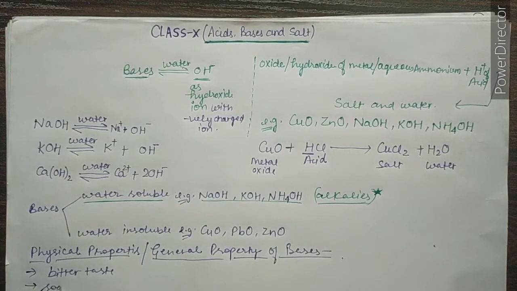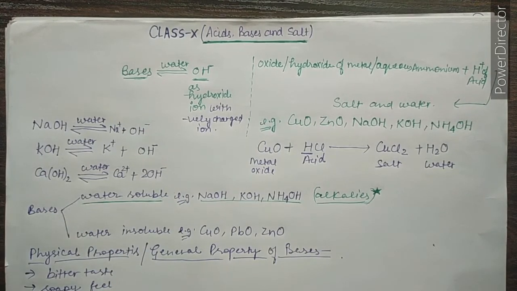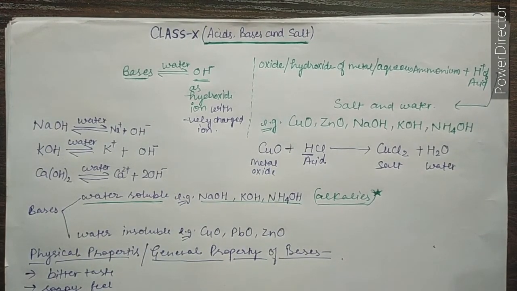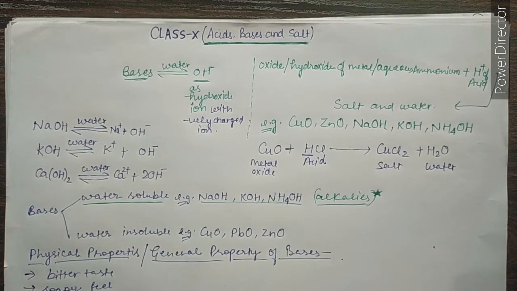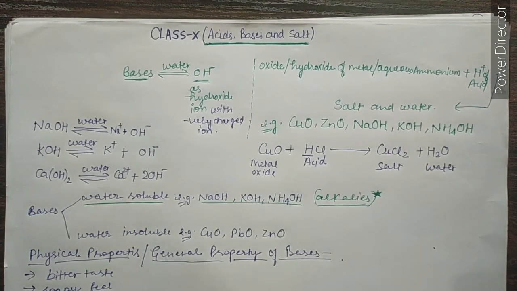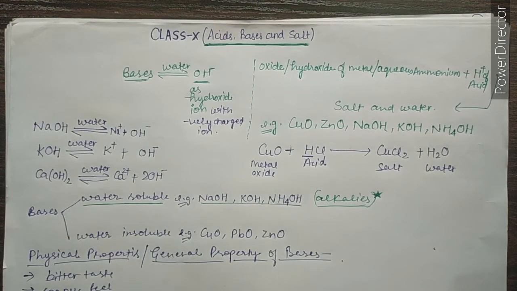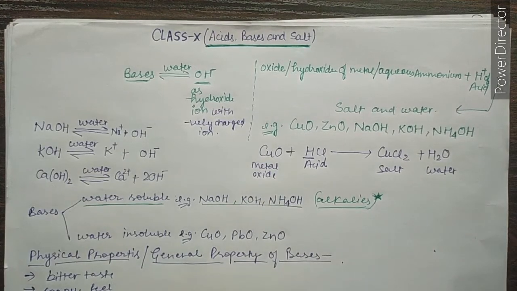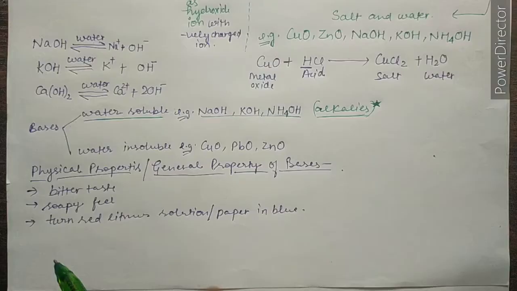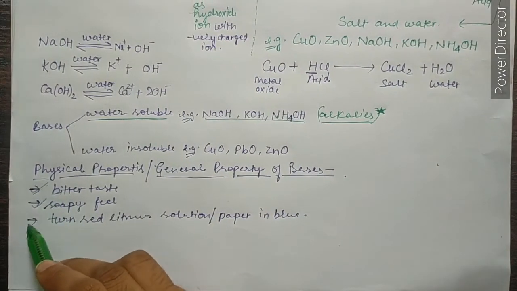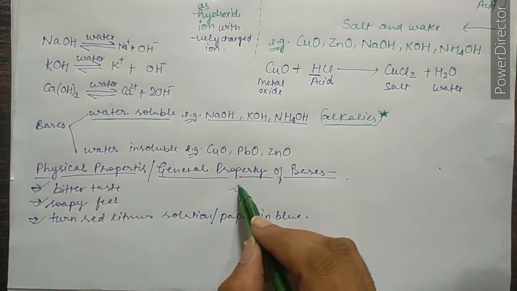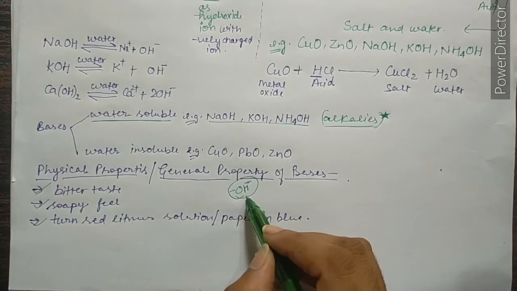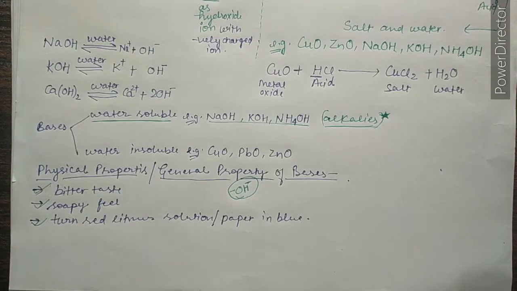Second property is that bases have a soapy feel. And third property is that bases turn red litmus paper, or solution, blue. It means red litmus paper turns into blue. These properties of bases are due to the presence of OH negative, that is hydroxide ion, in the solution.